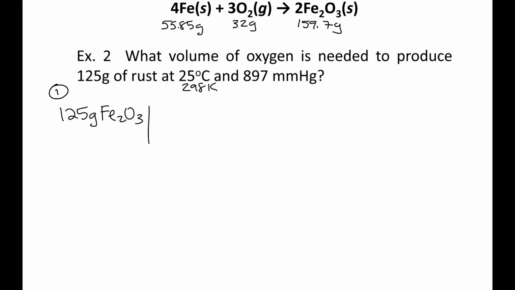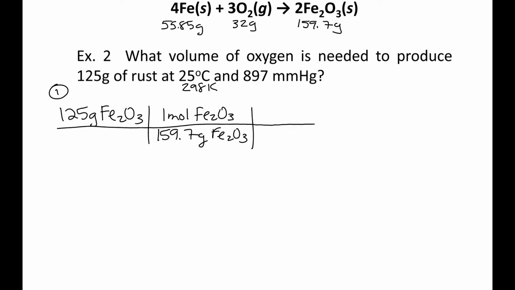The next step is the molar mass. So it's going to be 159.7 grams of Fe2O3, 1 mole of Fe2O3. Okay, we got this much so far. Now we need our mole ratio.